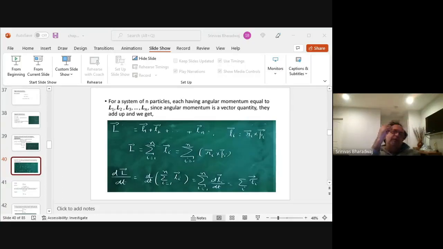So the area swept in equal times will be a constant. Not the angle, the area swept in equal times will be a constant. So r square d theta/dt is a constant, which is Kepler's second law.